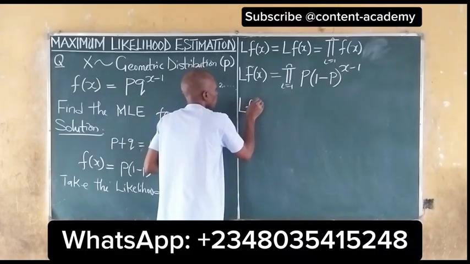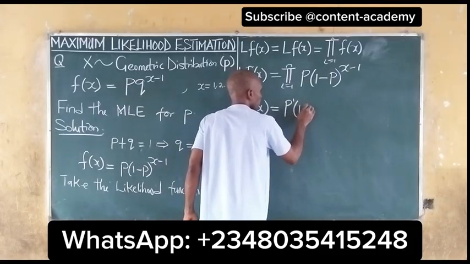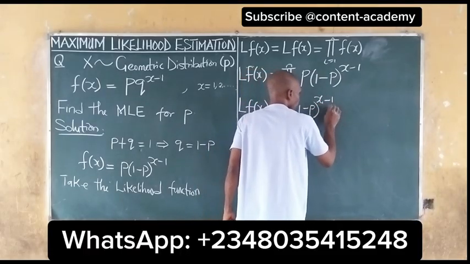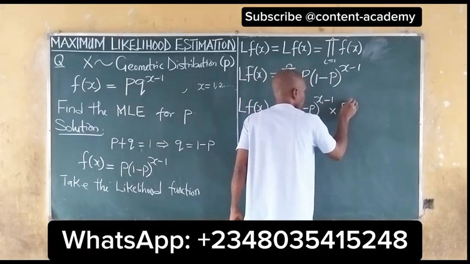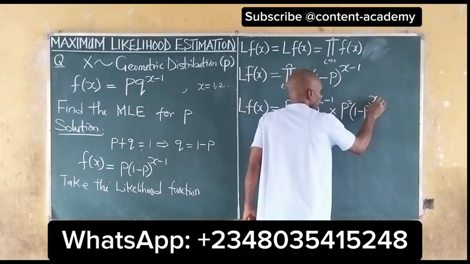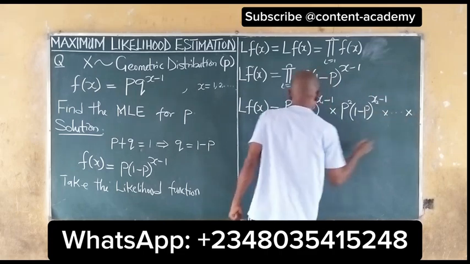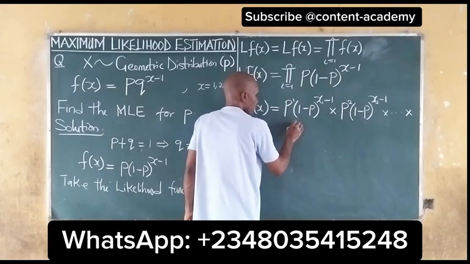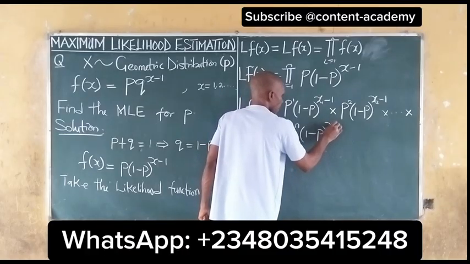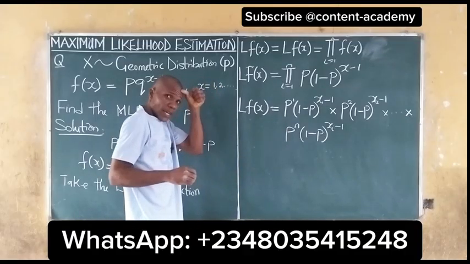Taking the product, we have the first one is p into (1 minus p) raised to x1 minus 1, multiplied by the second, p into (1 minus p) raised to x2 minus 1, and it continues like that to give us p into (1 minus p) raised to xn minus 1.